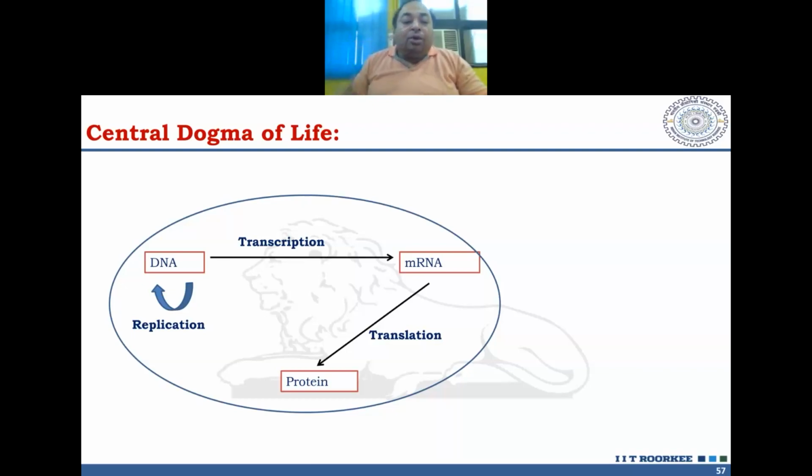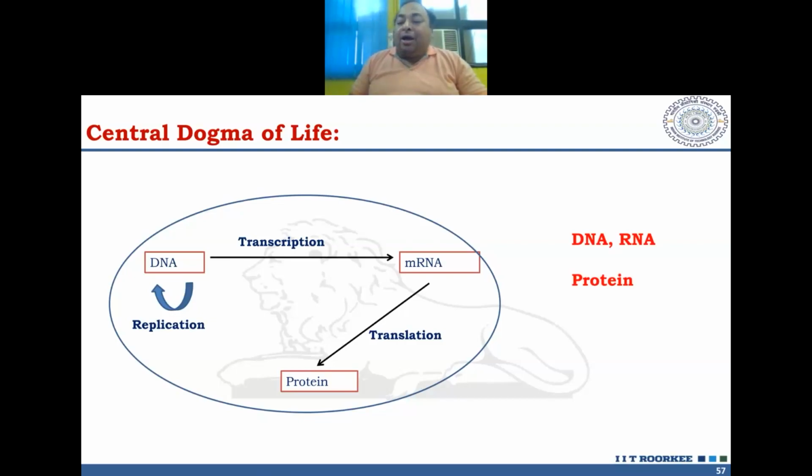What is that? We talked about DNA, by the process of replication, making another DNA. DNA, by the process of transcription, makes mRNA or messenger RNA, and messenger RNA, by the process of translation, makes protein. Here we have two types of macromolecules.